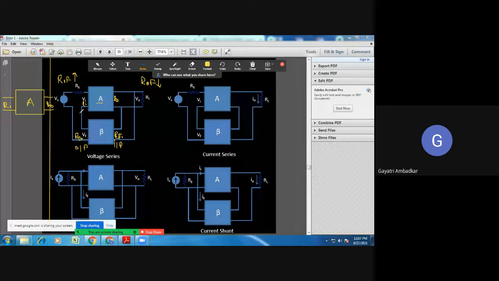Okay. Now, next you will tell me, look at this configuration. This is a current series feedback amplifier. Tell me here what will be the effect on ROF. This is ROF, and here I want to discuss RIF, input resistance with feedback and output resistance with feedback. So whether this ROF will increase or decrease.